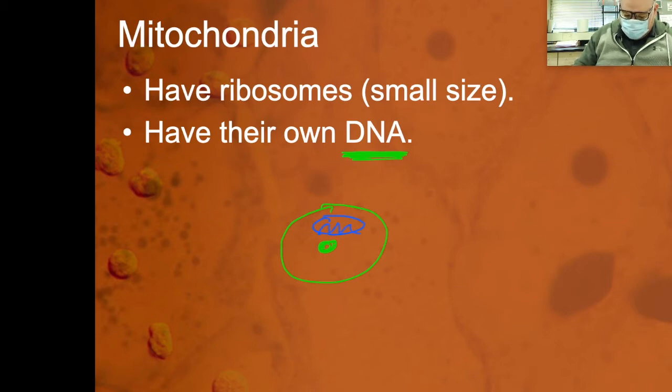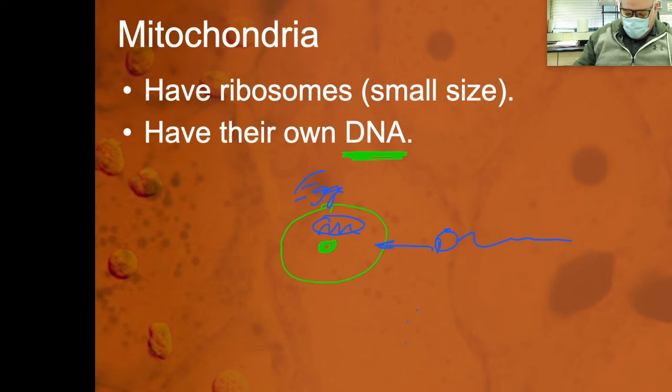All right, this is supposed to be an egg cell, and over here I'm going to draw a sperm cell. So when fertilization happens, sperm meets the egg, and it only inserts its chromosomes into the egg. The sperm cell has a mitochondria, but it doesn't put it in the egg.